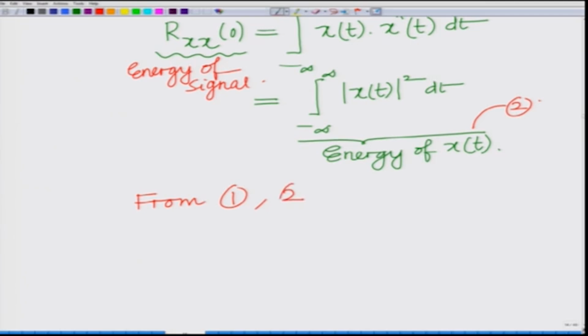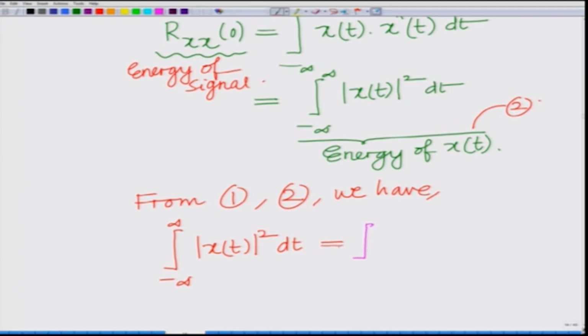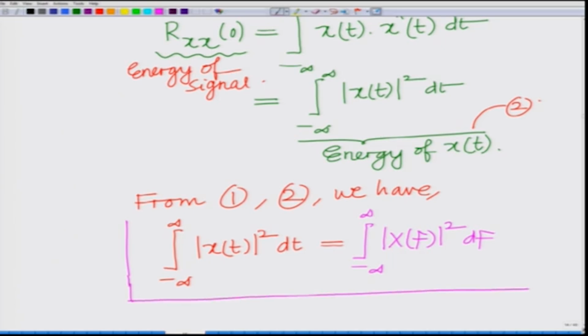From results 1 and 2 we have integral minus infinity to infinity magnitude x t square dt equals integral minus infinity to infinity magnitude x f square df, and this is the Parseval's relation.